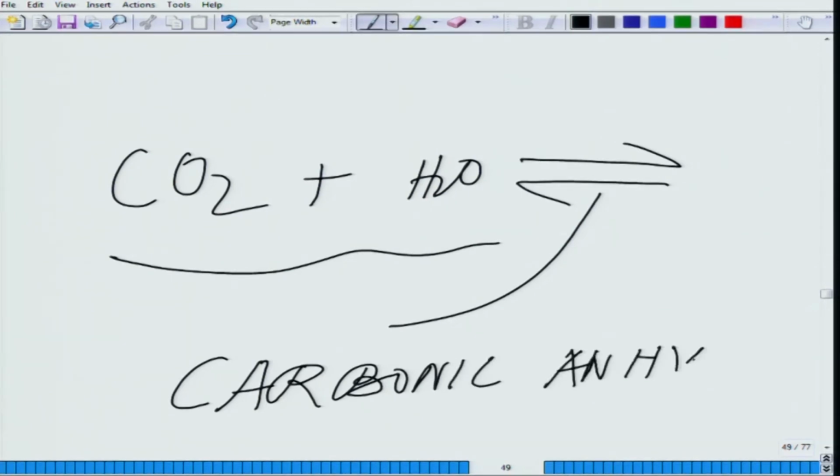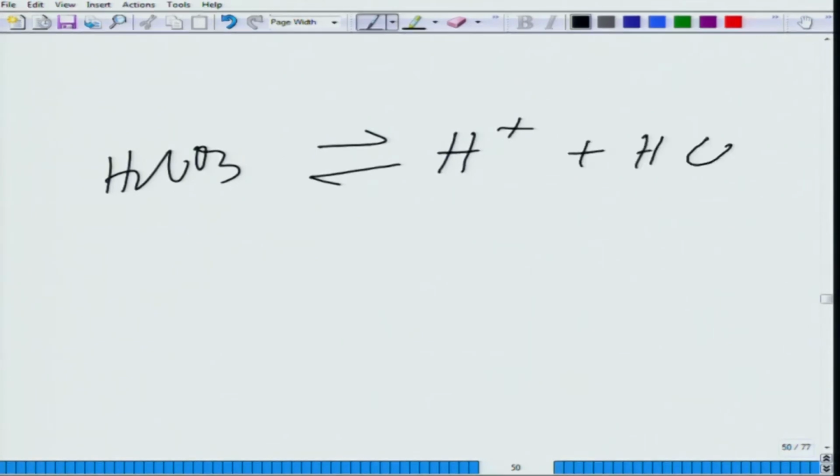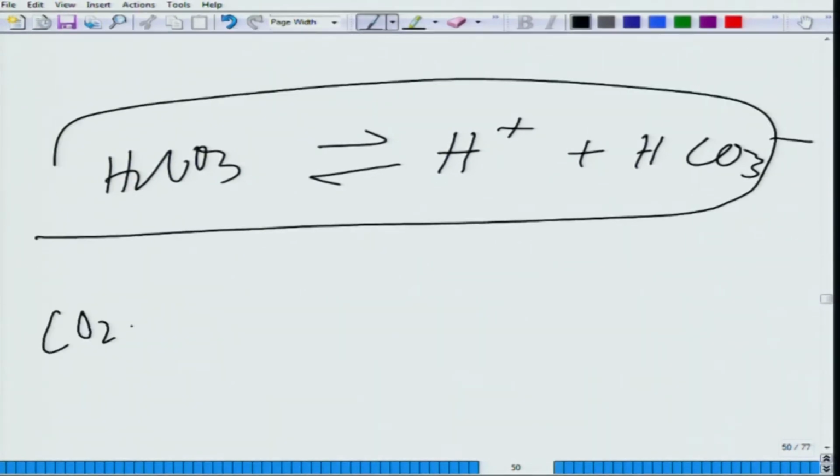What carbonic anhydrase does is transform it into H2CO3, and then H2CO3 has the ability to dissociate into H plus and HCO3 minus.